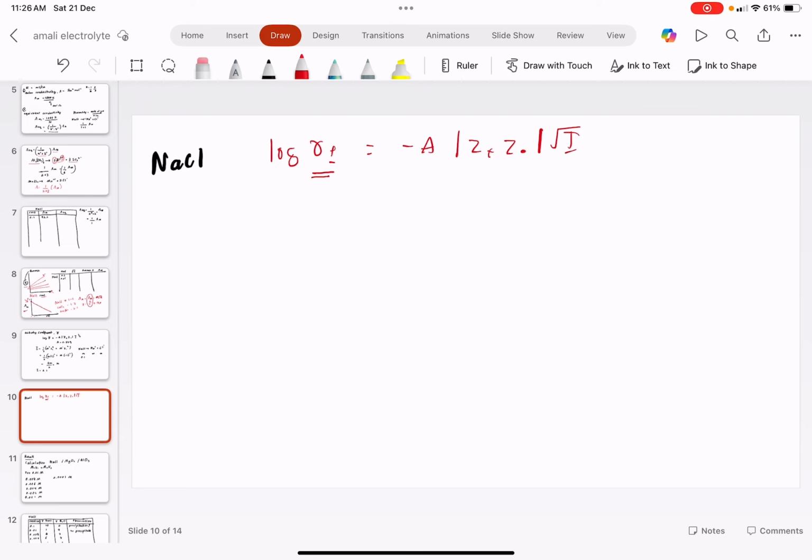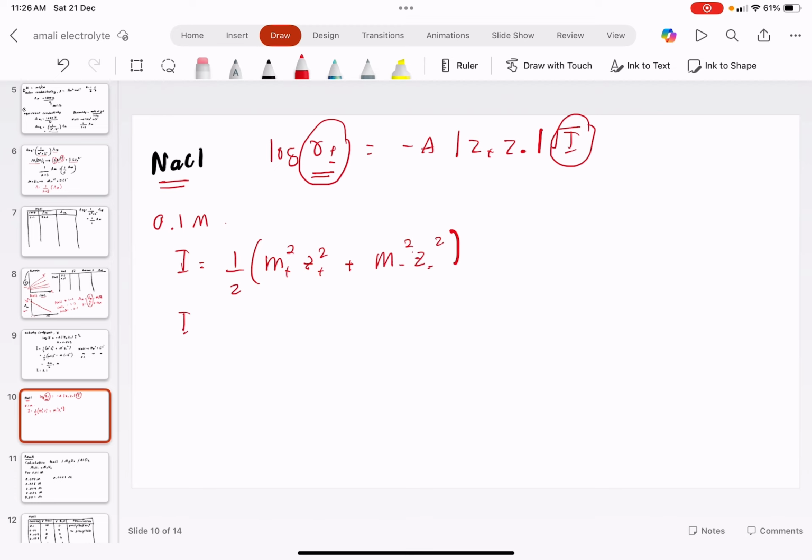So you need to calculate the activity coefficients, let's start with NaCl at 0.1 molar. First, in order to identify the activity coefficient, you have to determine the ionic strength. So first calculate the ionic strength. Ionic strength is half of m plus z plus squared plus m minus z minus squared, and this is 0.1 molar.